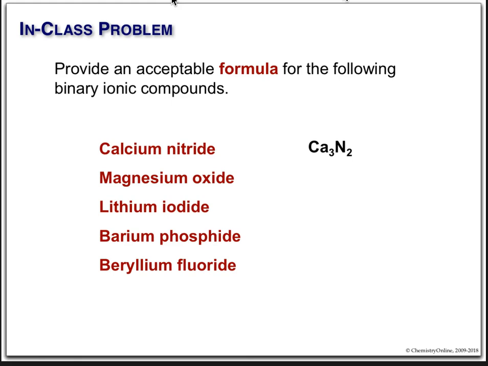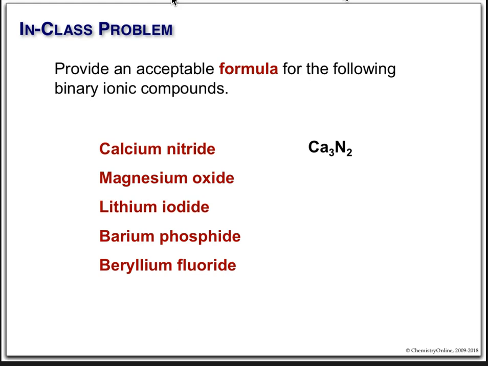Just think about the charges. This is +2, so this is 6 positives. Nitrogen is -3. This represents 6 negatives. Magnesium oxide. Look at your periodic table and find magnesium.